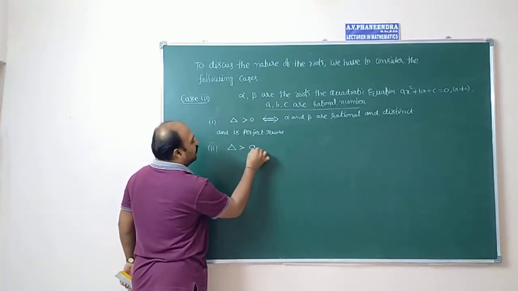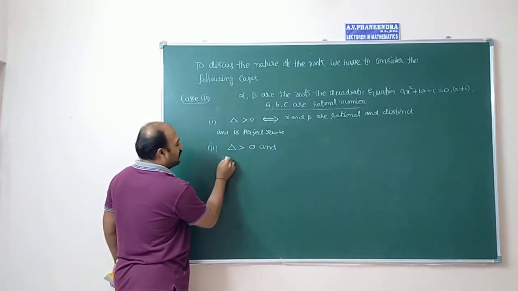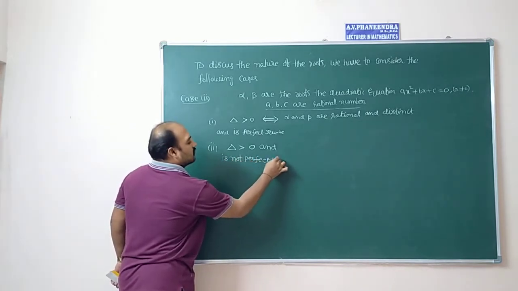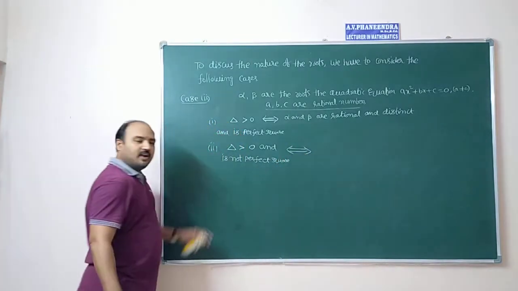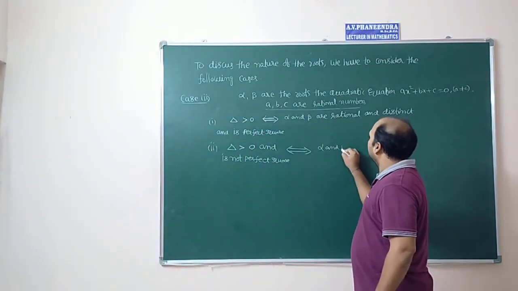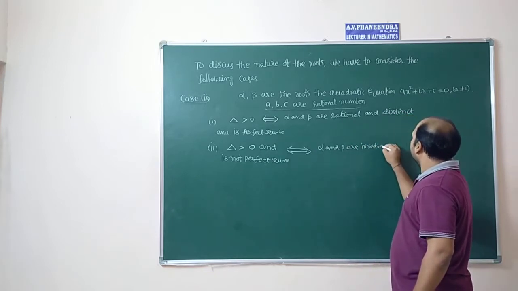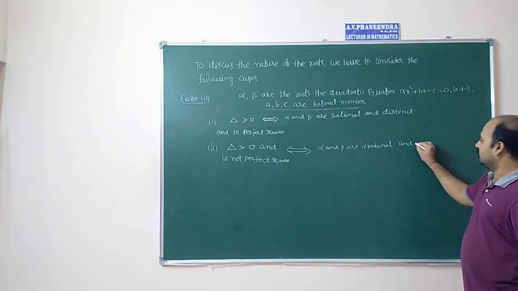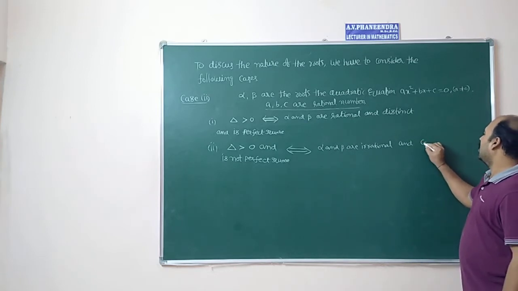Delta is greater than 0 and is not a perfect square, if and only if, whenever it is not a perfect square, alpha and beta are irrational, and whenever they are irrational, they are conjugate surds.